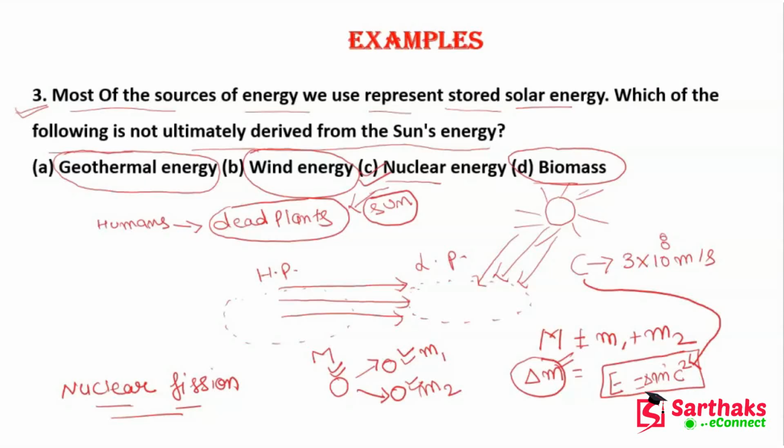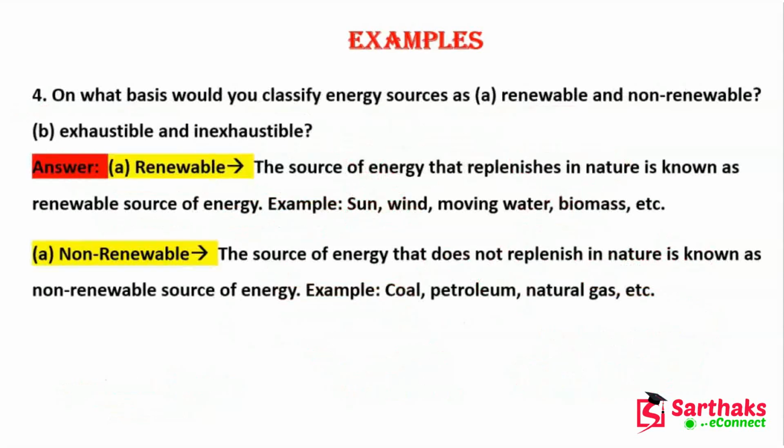Now let us move on to the next question, and that is, on what basis would you classify energy sources as renewable and non-renewable, exhaustible and inexhaustible? So basically here we will be discussing what renewable and non-renewable energy sources are.